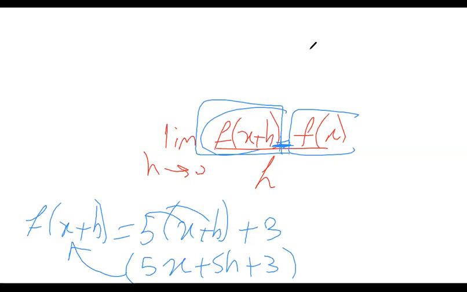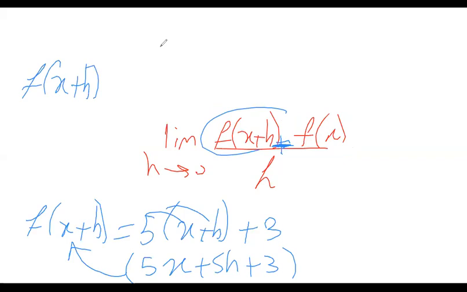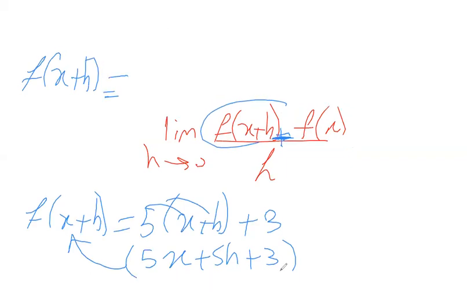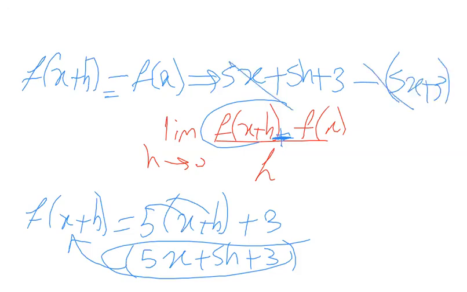So now we will find f of x plus h, which is 5x plus 5h plus 3, of course, minus the function itself, which is 5x plus 3. Now 5x minus 5x will be simplified, and 3 will be simplified with 3.